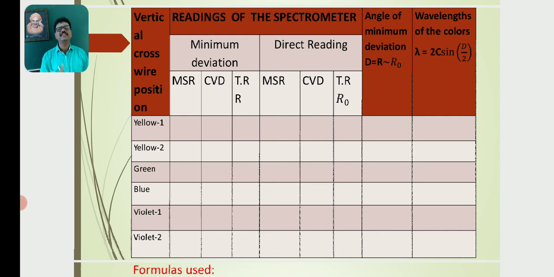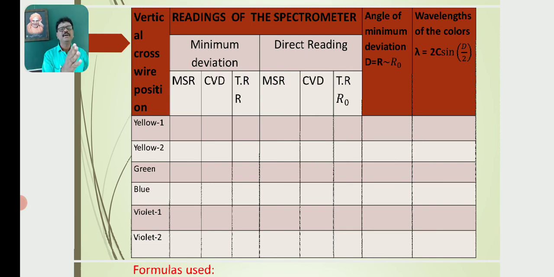For violet 1, say d by 1. For violet 2, the angle of minimum deviation d by 2. For green dg, for blue db, for violet db1, for violet 2 db2. So like that, substituting d by 2 for different colors, calculate the wavelength of each color.